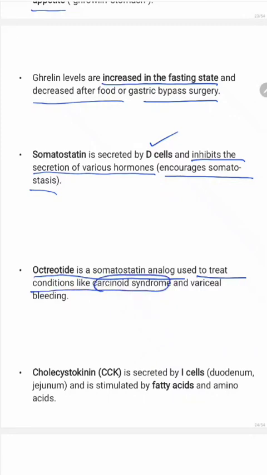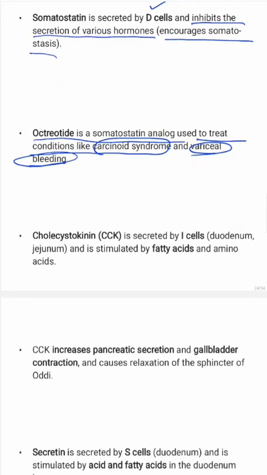Carcinoid syndrome is a condition in which there is a tumor and it secretes serotonin or some hormone related substance. So octreotide is used to treat that condition, and also variceal bleed. Okay, so for esophageal varices we use terlipressin and octreotide, and for its prevention we use beta blocker.